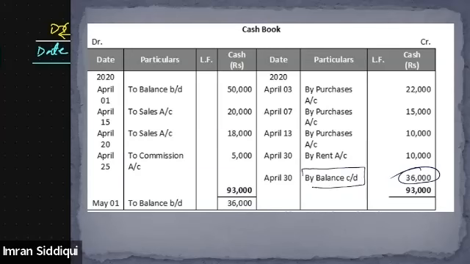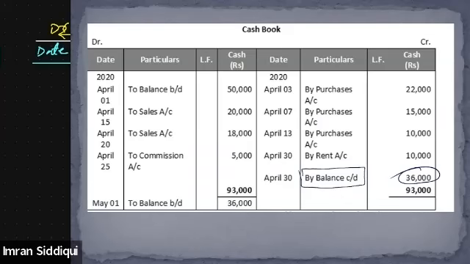Yes, sir. All right. Those of you who did not get the answer may take the screenshot of the solution so that later you can try to find out your mistake. So this is the correct solution of the question. This is it, guys.